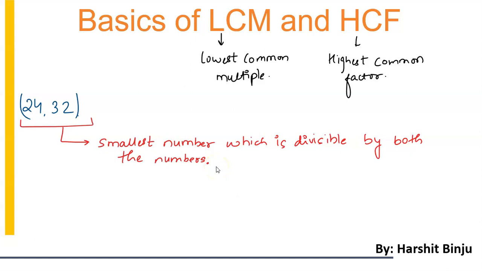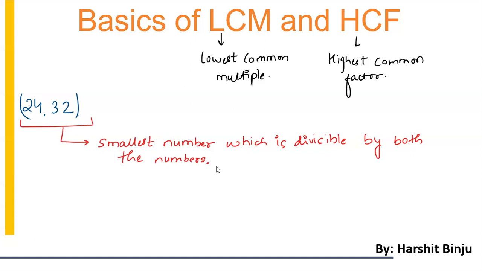What is expected from you when you have to calculate LCM? You have to find that smallest number which is divisible by both the numbers. This is what LCM expects from you, or this is what LCM basically is.